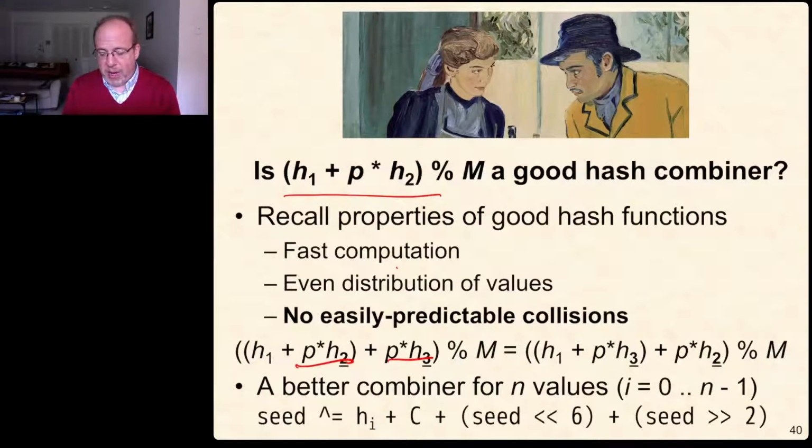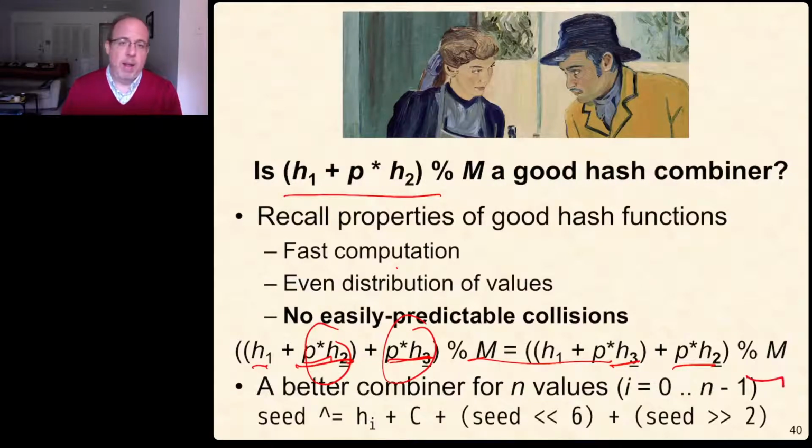If we just take a hash value and multiply the other ones by some prime p and add them all together, then we lose the order of everything other than the first one, because p times h3 plus p times h2 is the same as p times h2 plus p times h3.